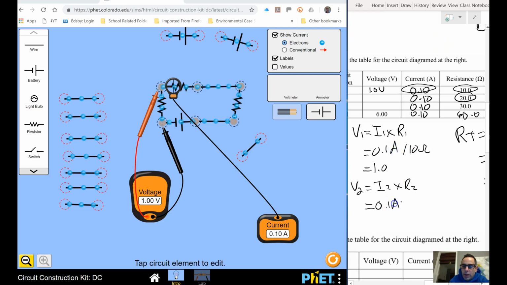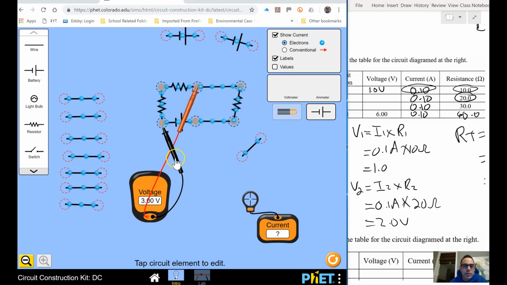So 0.1 amps, and we multiply it by the resistance, which is 20 ohms. When I do that, I'm going to get 2 volts. And we'll just double check. We'll pull our voltmeter across, get this out of the way because it's getting a little busy. And there we go, 2 volts.